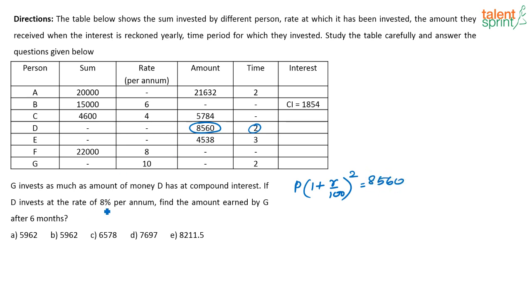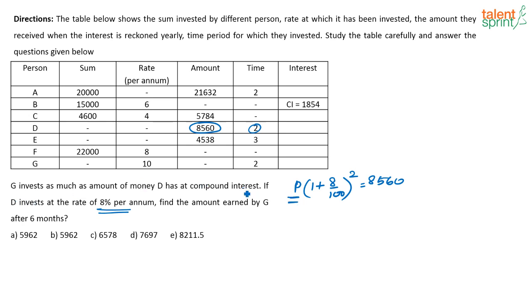Here it is given D is investing at the rate of 8% per annum, so 8 by 100. Now what are they saying? This P, the amount that D has invested, is the same as the amount that G has invested, and they are asking to find the amount earned by G after 6 months. So first you have to find out the value of P here, and then find out the amount that G will get after 6 months.